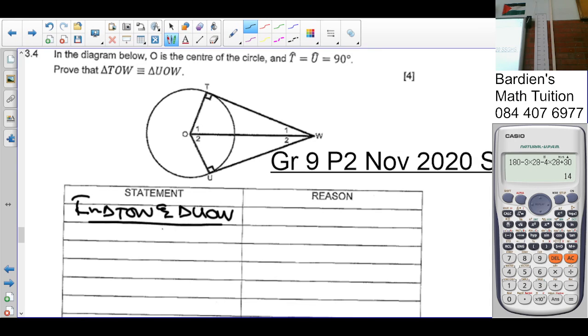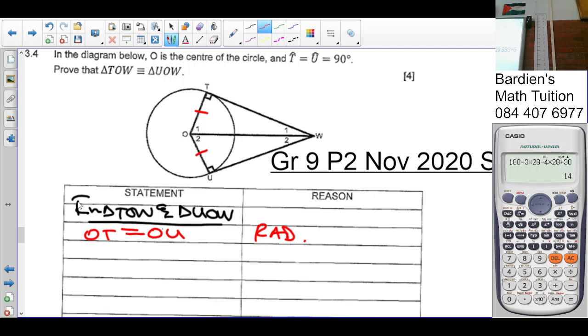Whenever we're proving similarity or congruency, we start with it. Okay? So what can we say about this first? We know that OT is equal to OU. Why? We said it's your radius.